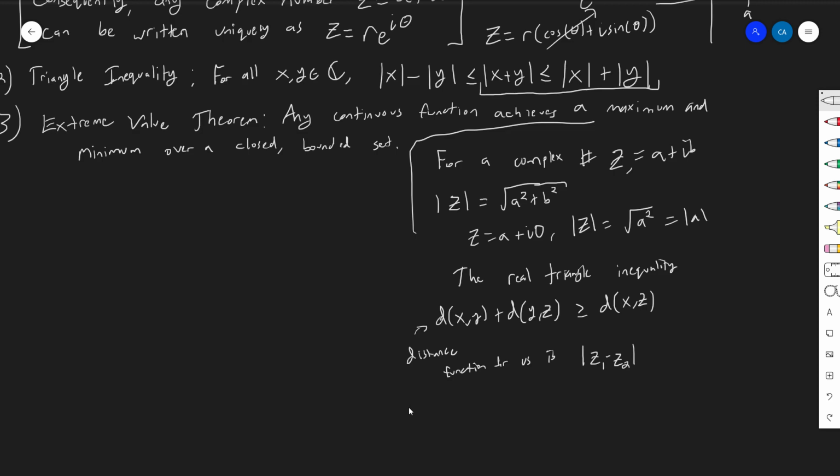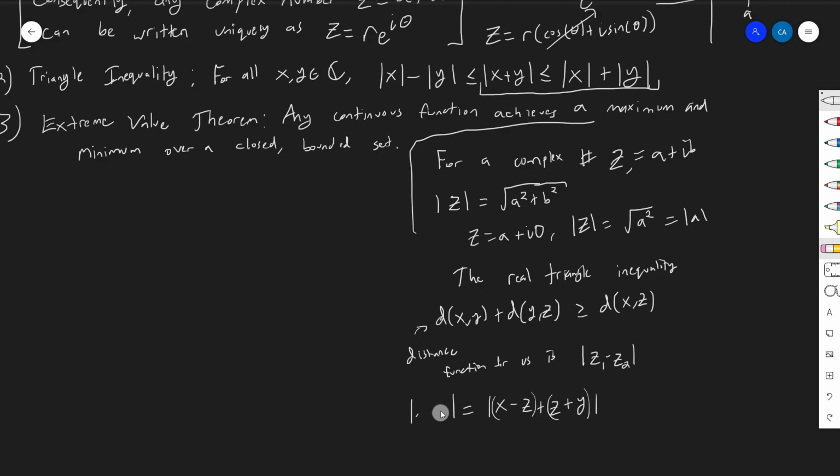How do you get that? Well, you just insert something. You say, okay, x plus y, well, that's equal to, pick your favorite z, x minus z plus y. I just added 0. But then you put some parentheses around these guys. Whoops, I did not mean to, sorry, not x minus y.